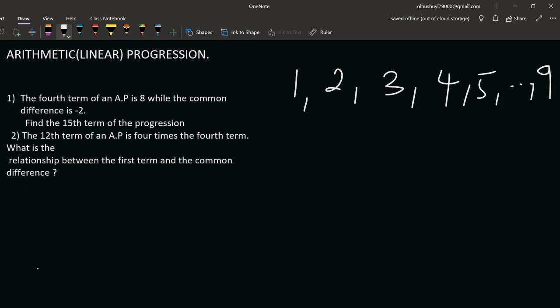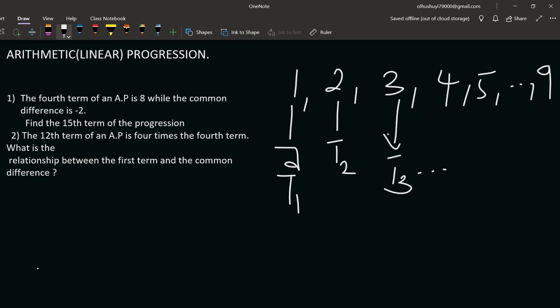Why is it an arithmetic progression? You can get the successive terms by adding 1 to the previous term. A is the first term, or you call it T1. This is the second term, T2. Third term, T3. On and on like that.